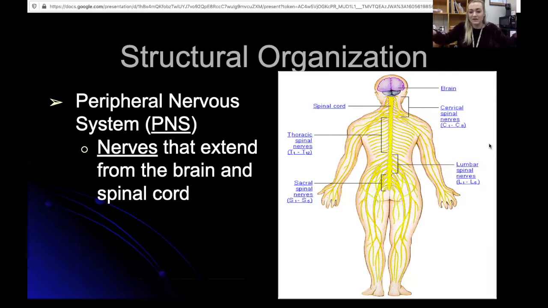It's the secondary source for our nervous system. And so these are all of the nerves that we have all throughout our entire body. They extend from the brain and the spinal cord. So they extend from the central nervous system, but then they extend through the rest of the entire body. We have nerves all throughout our body. And so that would be considered our peripheral nervous system.